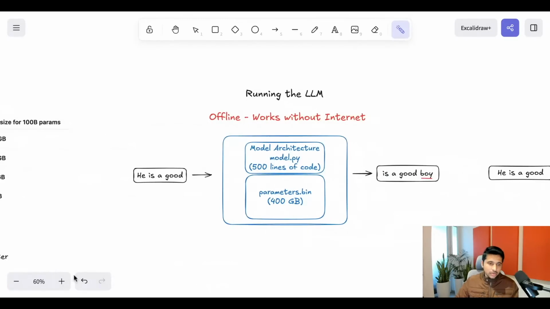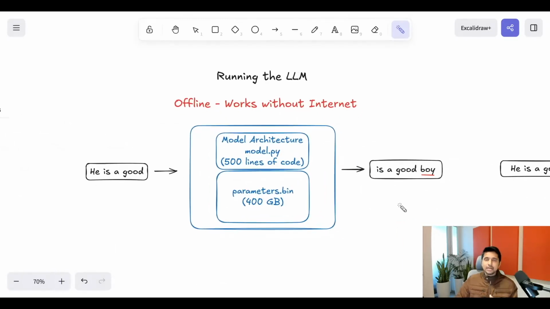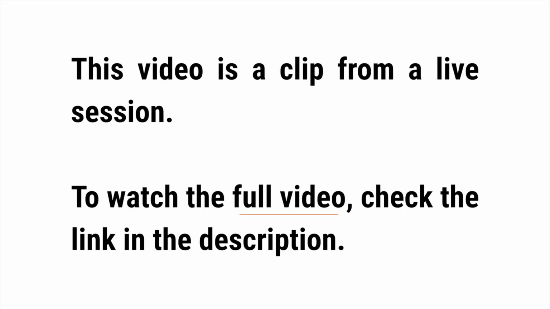Now when I say large language model, you don't need the internet, you don't need anything as such. So just see this PPT. This is very important; we need to understand what I have mentioned here.